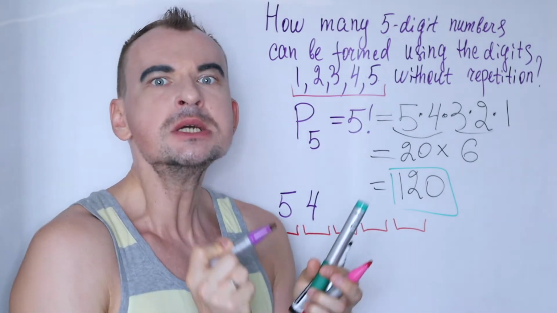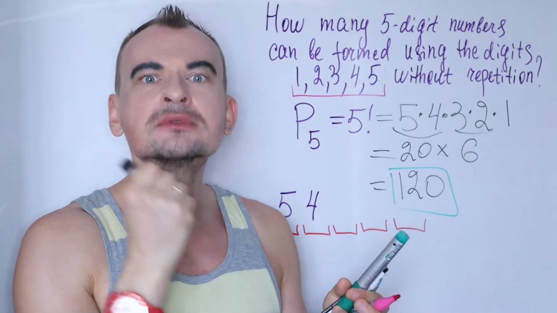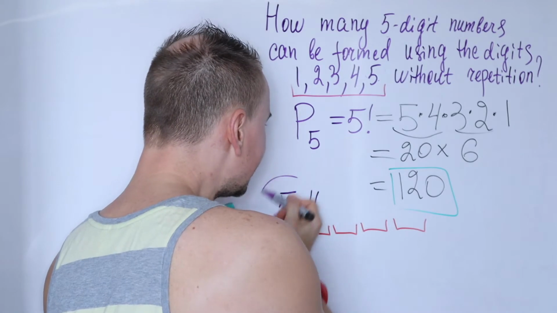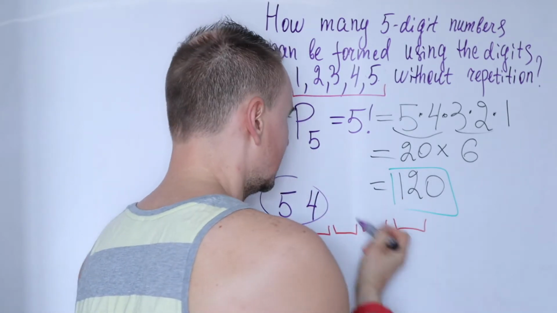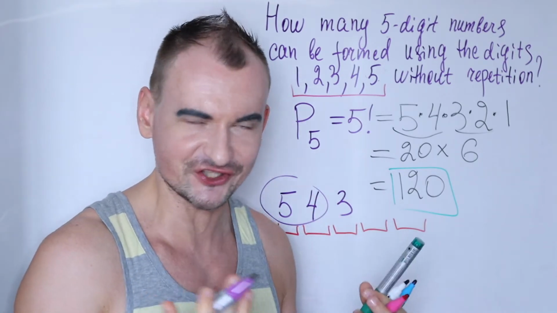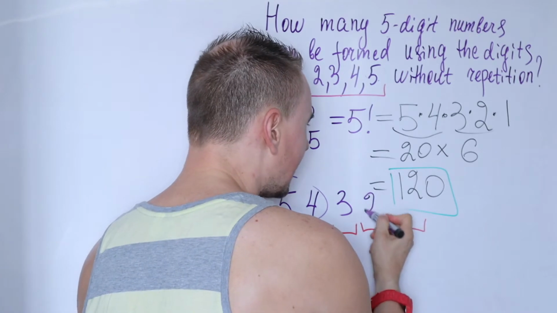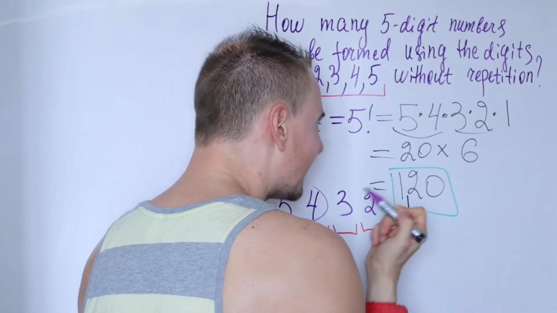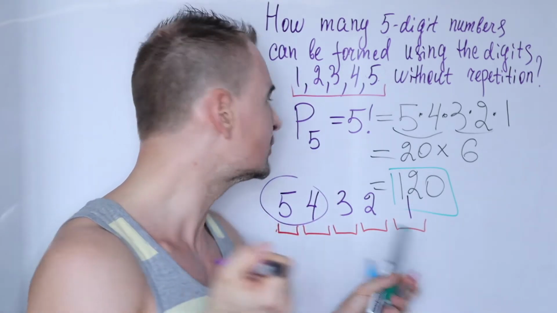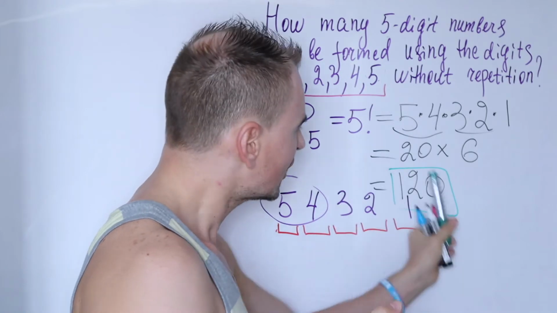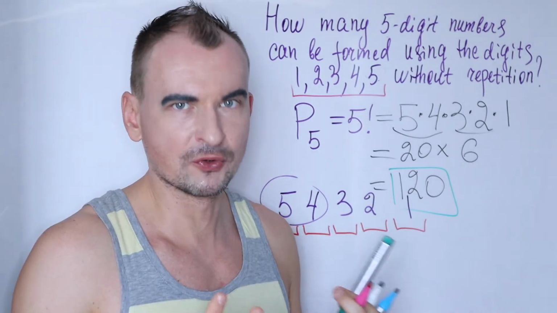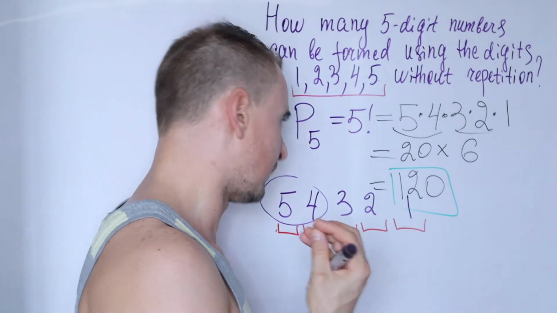So I have 4 choices of picking a digit for the second place. Now, 2 are already chosen. So for the third place, I have only 3. Now, for the next one, I have 2. And finally, for the last place, because we already took other digits, you would be left with only one possible choice.